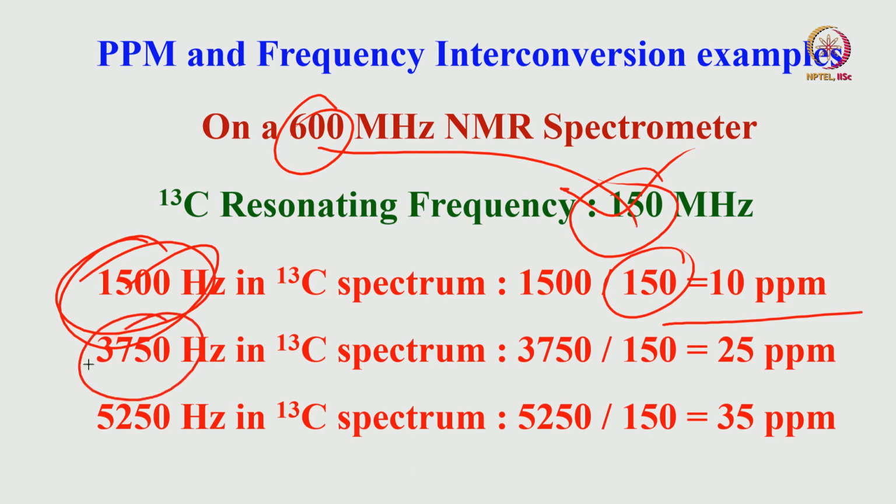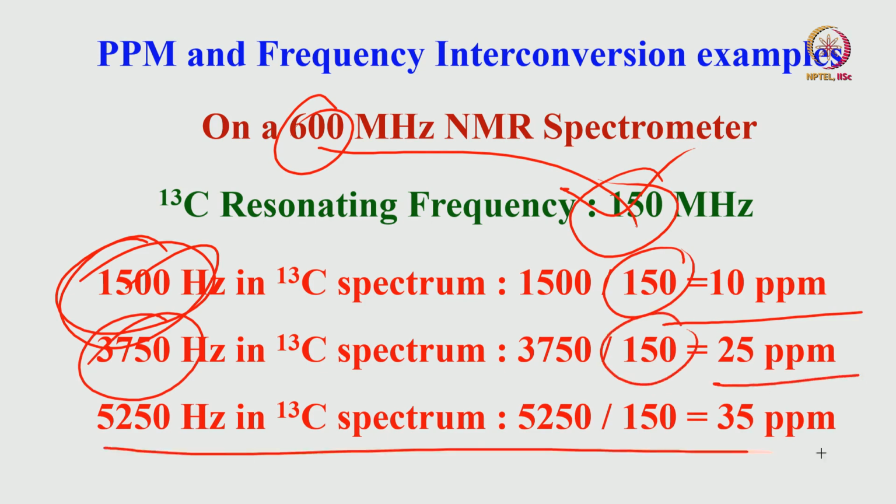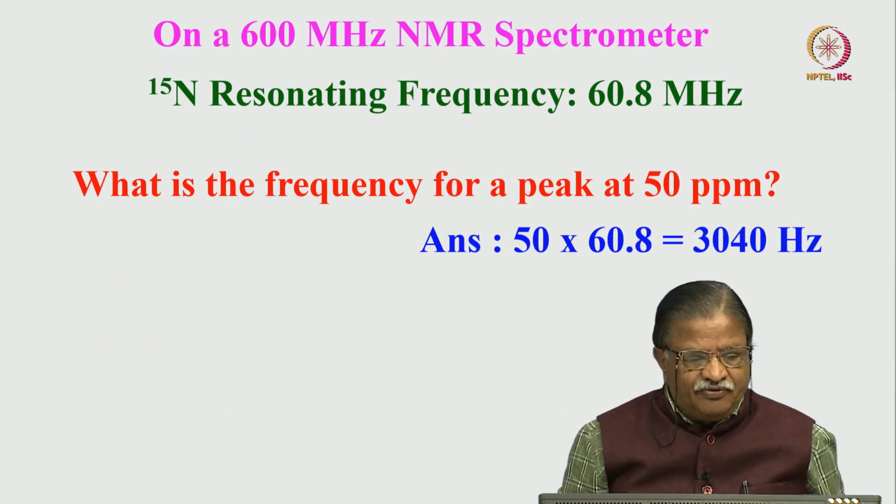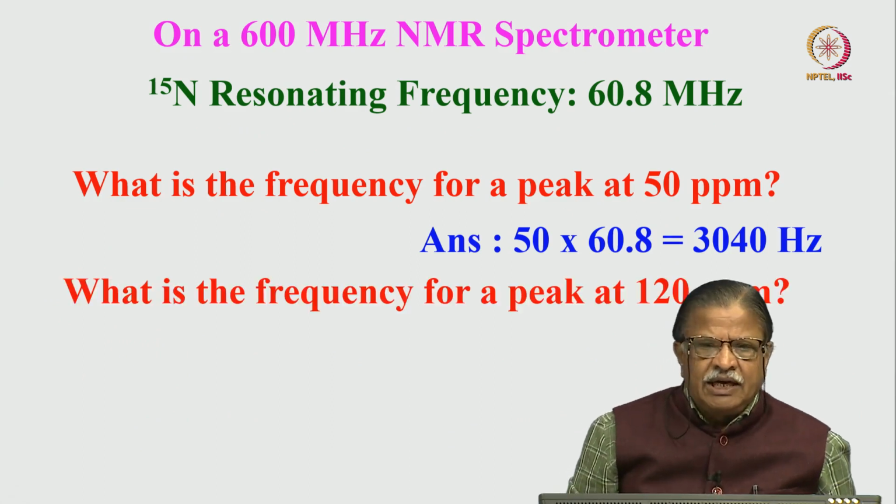Similarly, if I have 3750 hertz, a peak is coming at some value, divided by 150, you get its value in ppm. So, for any peak, if you know the frequency at which it is coming, simply divide by the resonating frequency corresponding to that particular nucleus in that particular spectrometer, then you get the value in ppm.